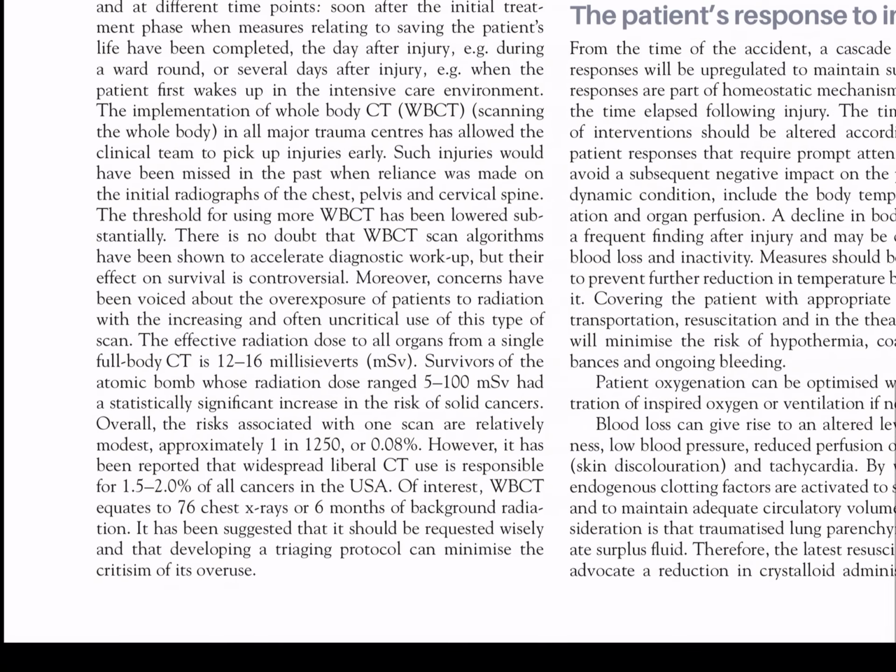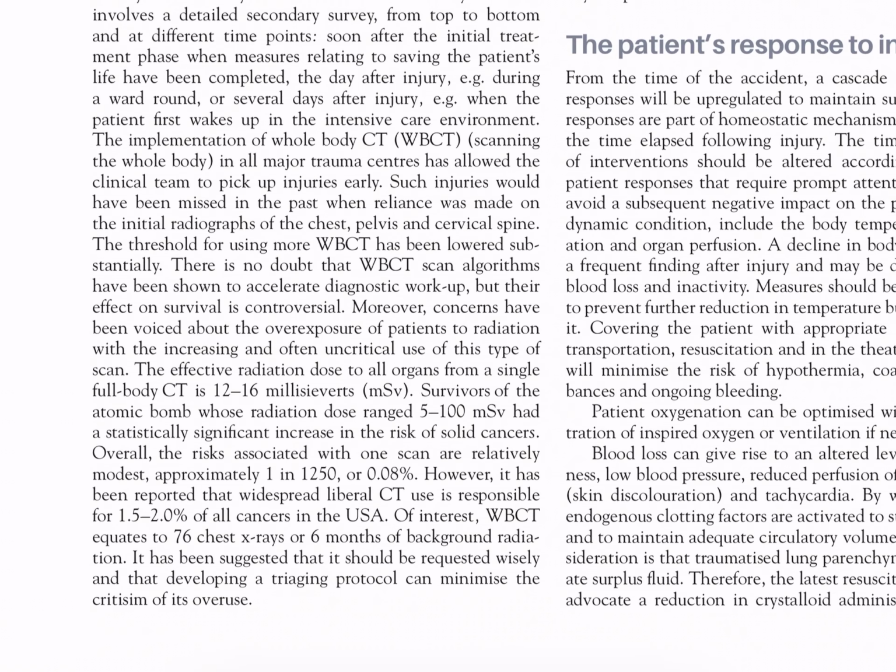The effective radiation dose to all organs from a single full body CT is 12 to 16 millisieverts. Survivors of the atomic bomb, whose radiation dose ranged from 5 to 100 millisieverts, had a statistically significant increase in the risk of solid cancers. Overall, the risk associated with one scan is relatively modest, approximately 1 in 1250 or 0.08%.